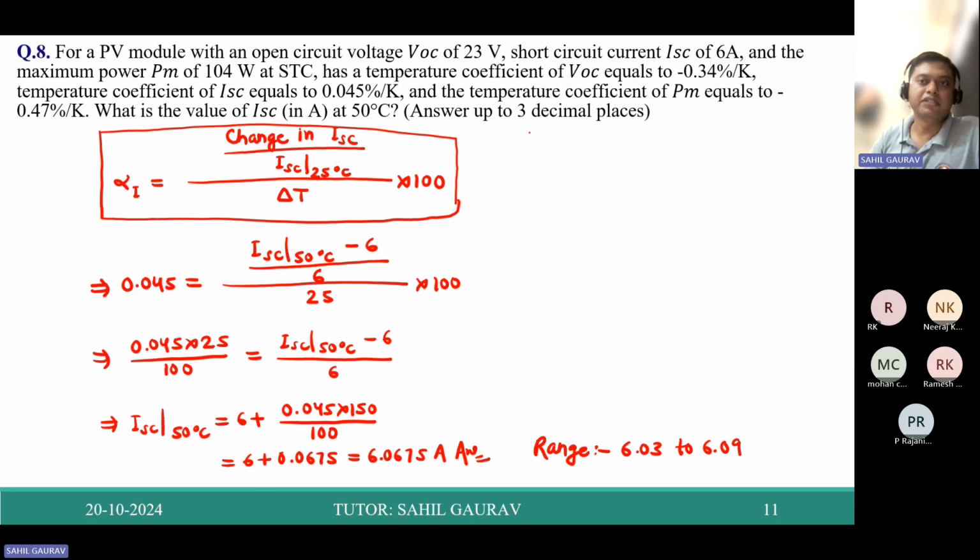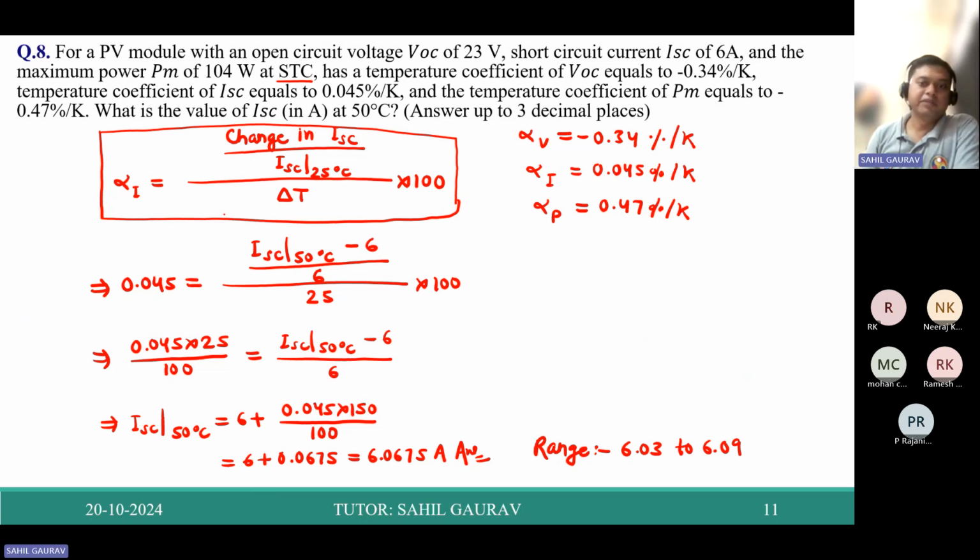So voltage coefficient they have provided minus 0.34 percentage per Kelvin, and for current it is 0.045% per Kelvin, and this power they have provided 0.47% per Kelvin, and the values they are given at STC, standard temperature condition, that means 25 degrees Celsius.